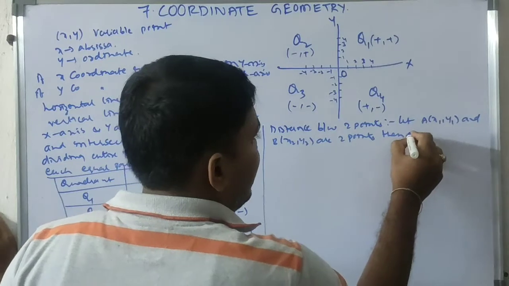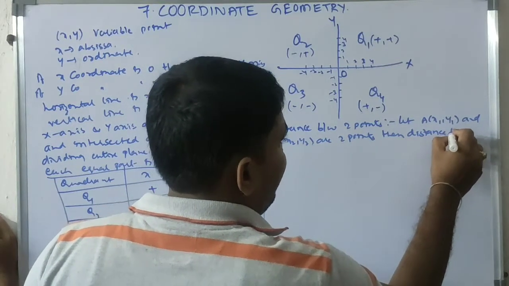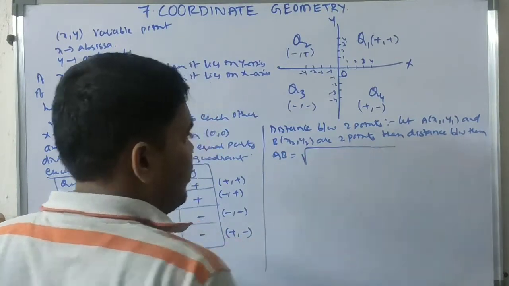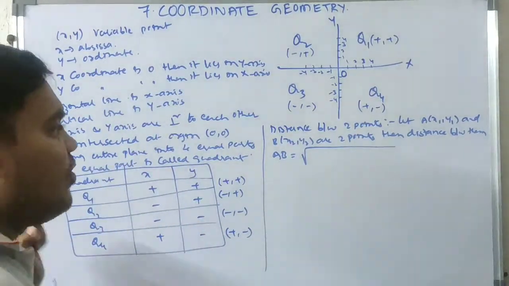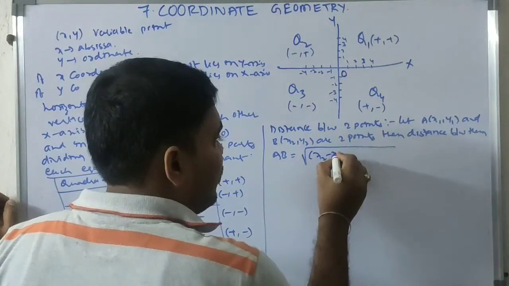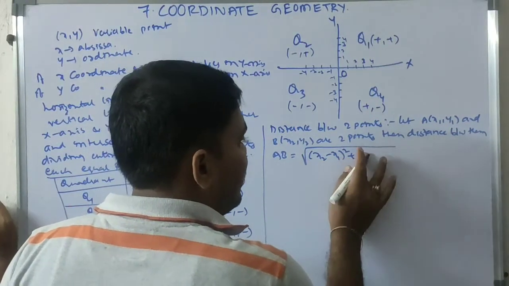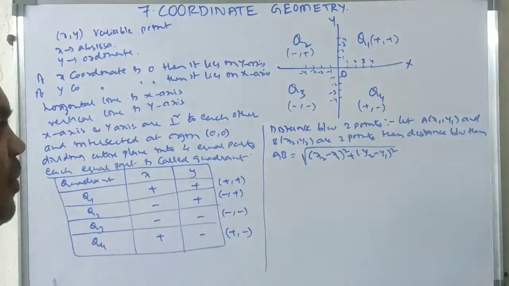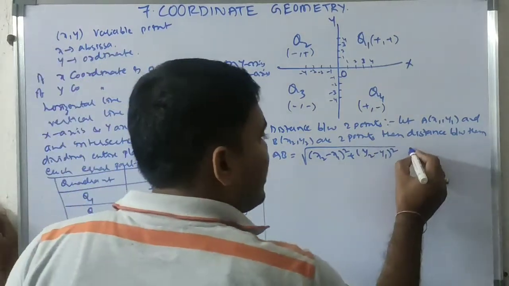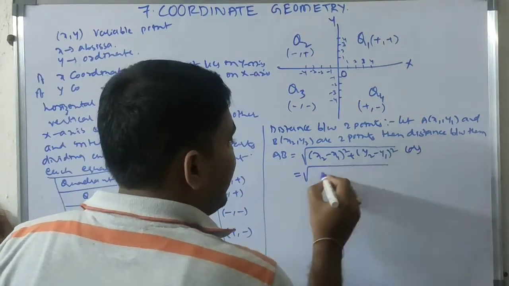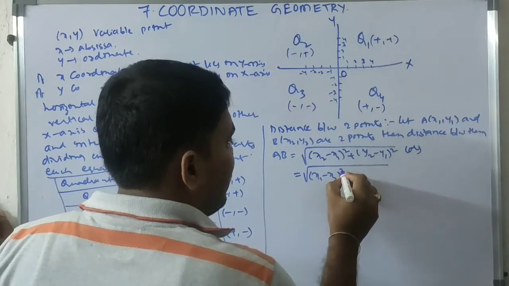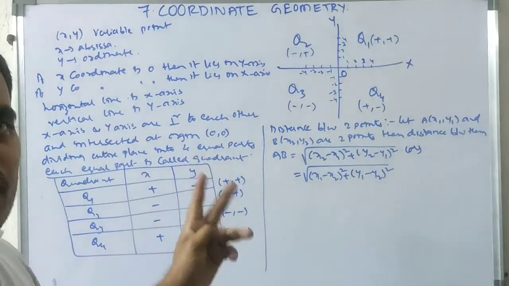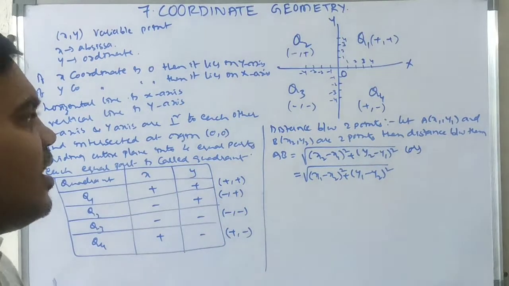Then the distance between them, AB, equals the square root of x2 minus x1 whole square plus y2 minus y1 whole square, or else the square root of x1 minus x2 whole square plus y1 minus y2 whole square. With either formula we choose, we will get the same result.